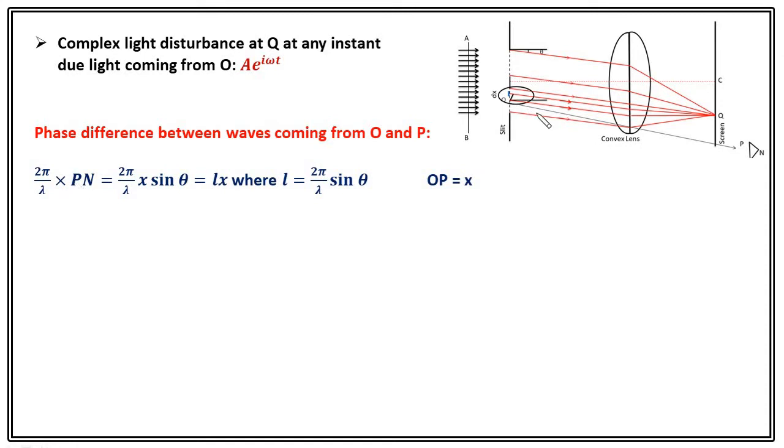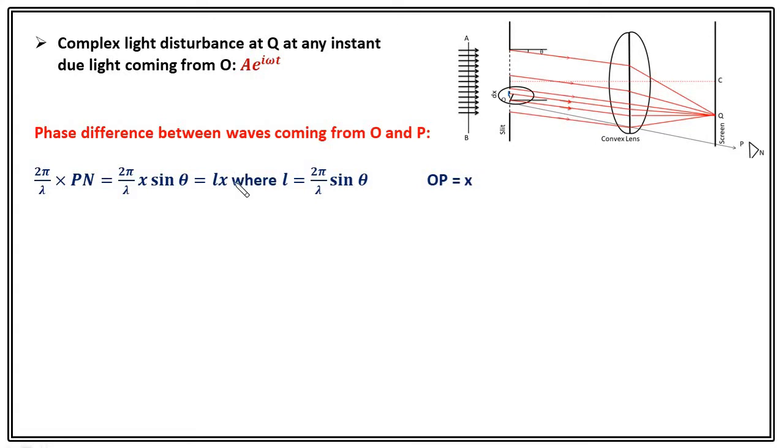The path difference between the light coming from point O and point P is Pn. Just look at this smaller triangle. We know the angle PON is theta, and if the distance of O from the point P is x, then Pn will be x sine theta. Now just assume that 2 pi by lambda sine theta is equal to L. Therefore the phase difference will be L times x.